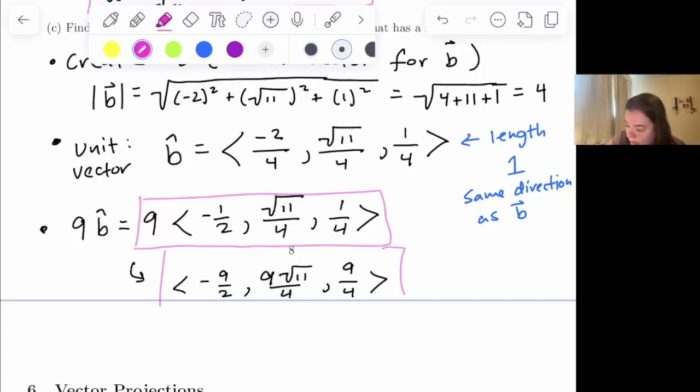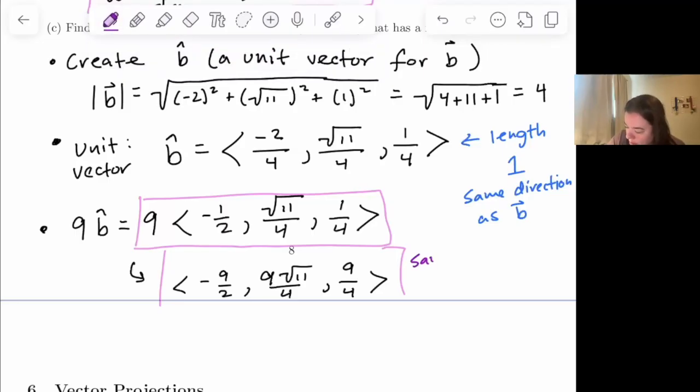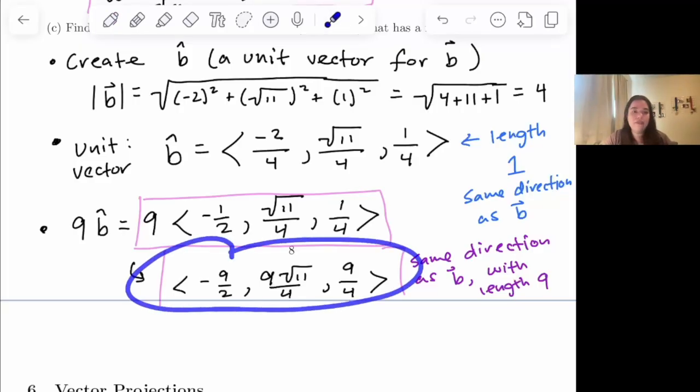So this vector, at the end of the day, let's just label it. This vector has same direction as B with magnitude or length 9. And again, if you're not convinced, take this vector and find its magnitude.